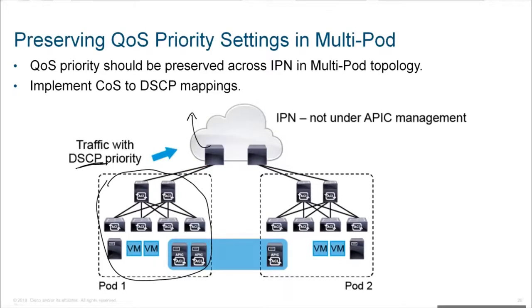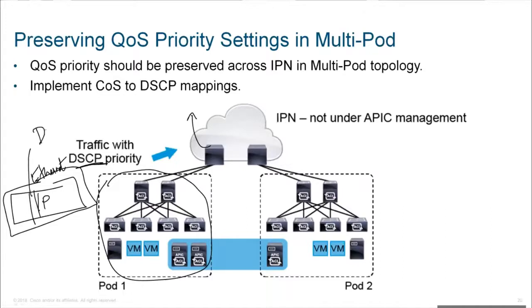So IP is always encapsulated with Ethernet, and IP has its own diffserv code point header, and Ethernet has 802.1p, which is cost value.